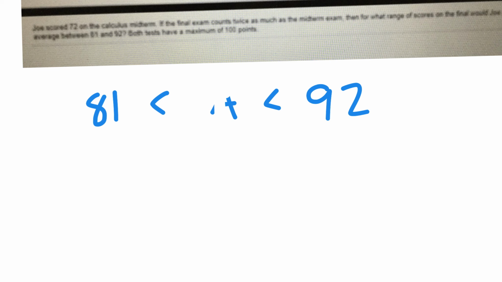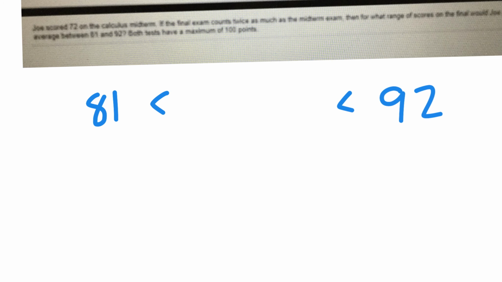So to find the average, we would add up his scores and divide by 300, or just 3. If you do 300, it's going to be a decimal, and you'll have to convert it. Why are we dividing by 300? We're not. We're dividing by 3.